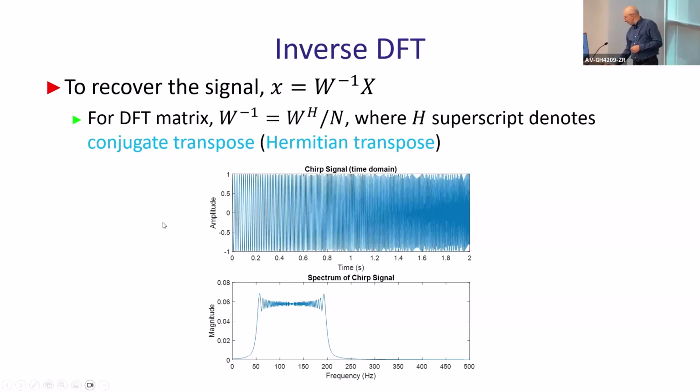And here is a simple chirp signal, which is going from 50 hertz to 200 hertz. You have frequencies just growing with time. It's called a chirp signal. And here's how all of these coefficients, capital X, look like. These are practically frequencies in hertz between 50 hertz and 200 hertz.